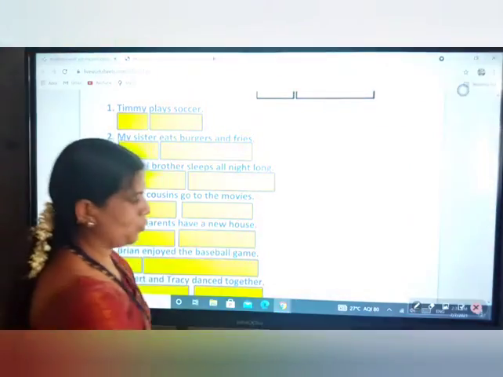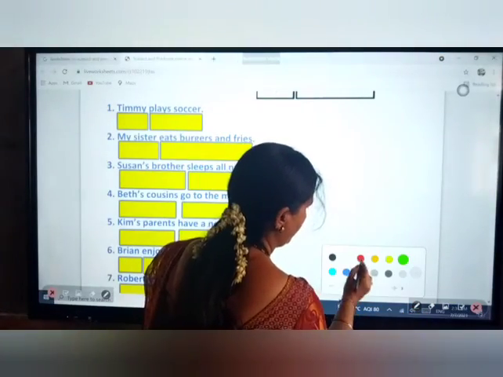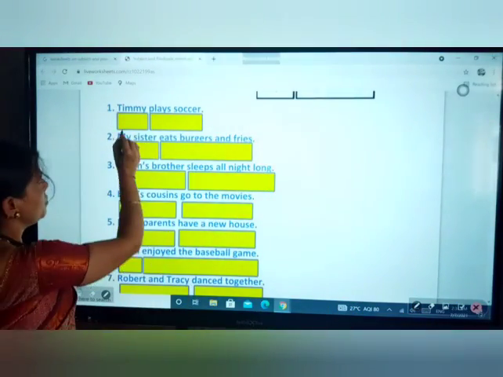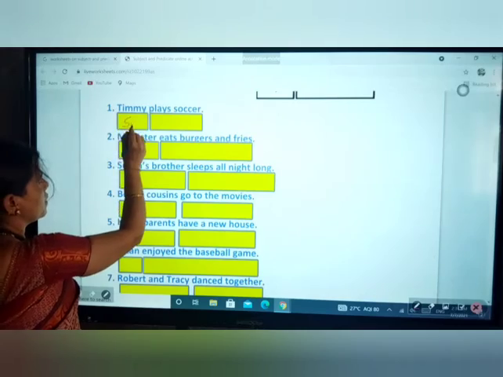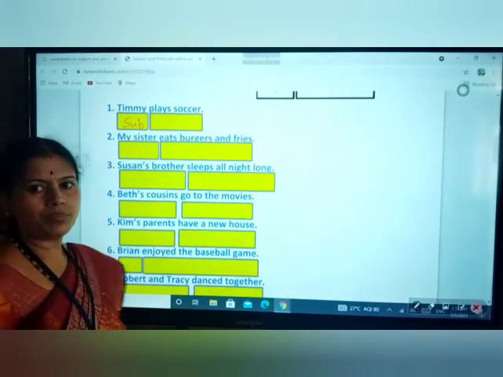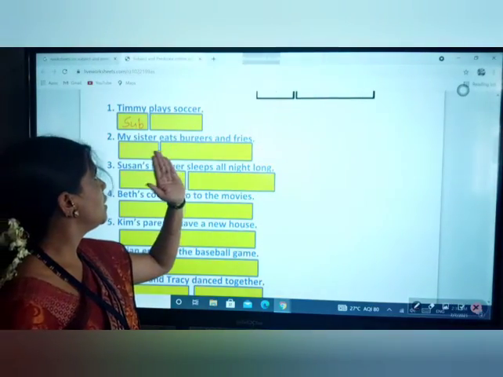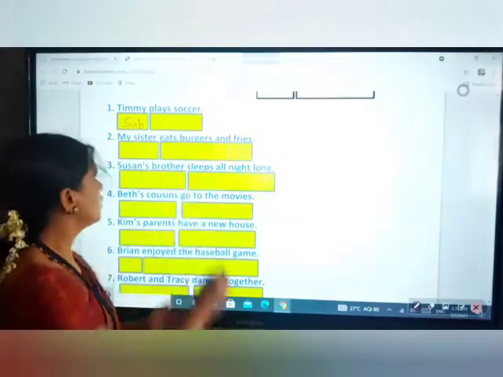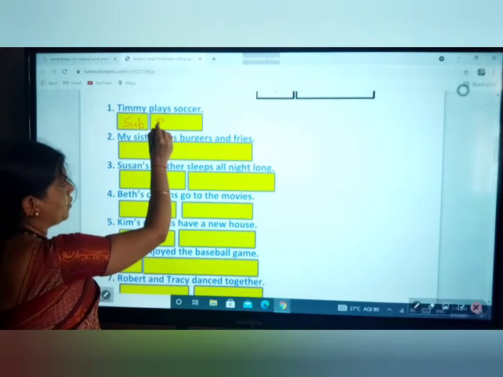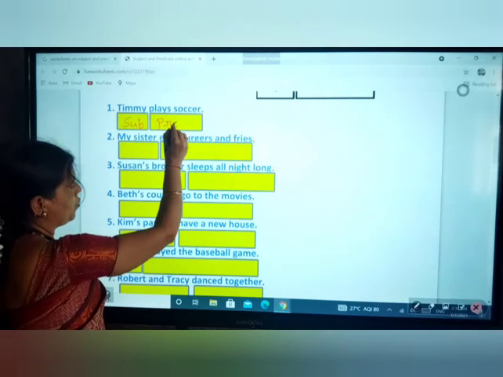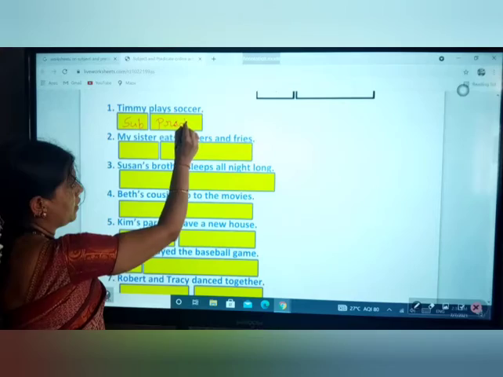So let's move to write the subject as Timmy is subject. I will write only subject here. The next part, that is done by Timmy, plays soccer. This one is predicate. I write only P-R-E here.